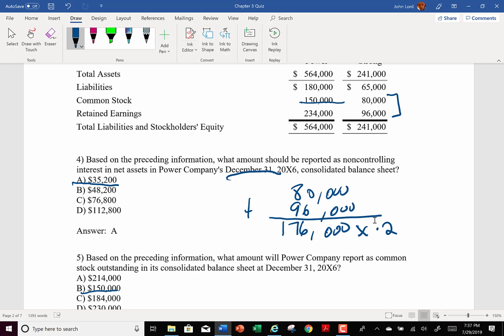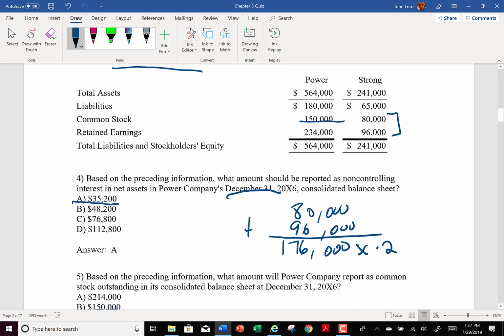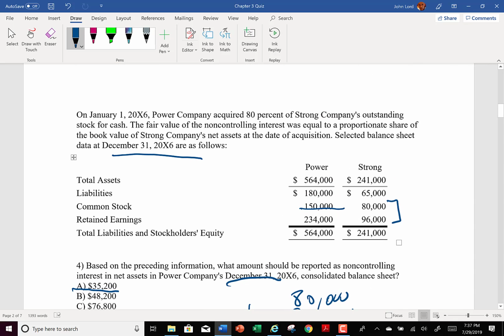Here they acquired it for cash, but it doesn't matter, since they're telling me the common stock at 12/31. I guess what they're trying to trick me into is combining the two common stocks. But the common stock of the subsidiary is eliminated.